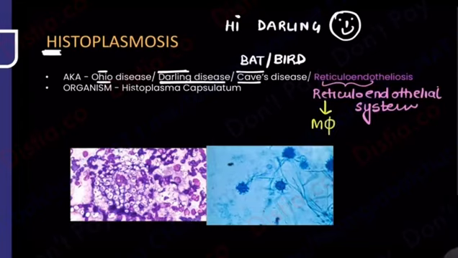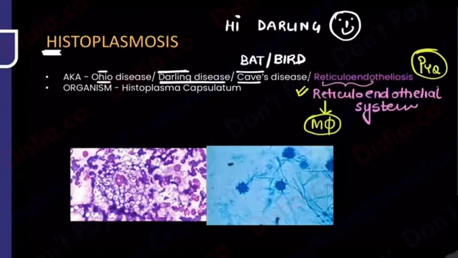Where are macrophages present? All over the body, but very common in organs like the liver and spleen. So if they want to ask where histoplasma is going to go and sit, it is going to sit in macrophages. But they didn't want to say anything so simply, so instead of calling it macrophages, they said the reticuloendothelial system. A very famous previous year question.